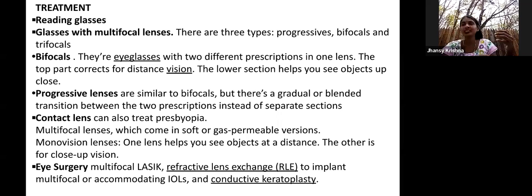These glasses are progressive lens, bifocal glasses, and trifocal glasses.